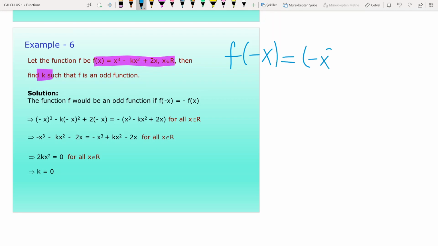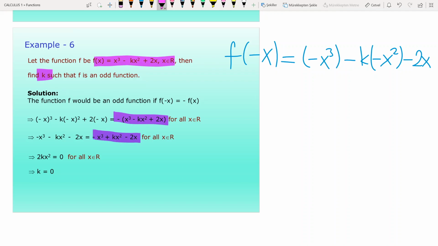Minus x cube minus kx squared, of course, minus 2x. Okay, after simple manipulations and calculations, you have this result.